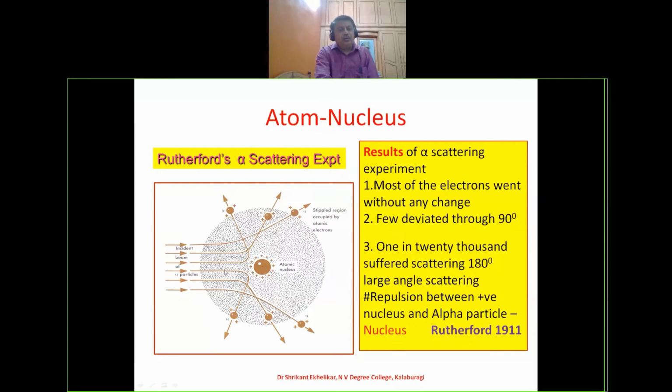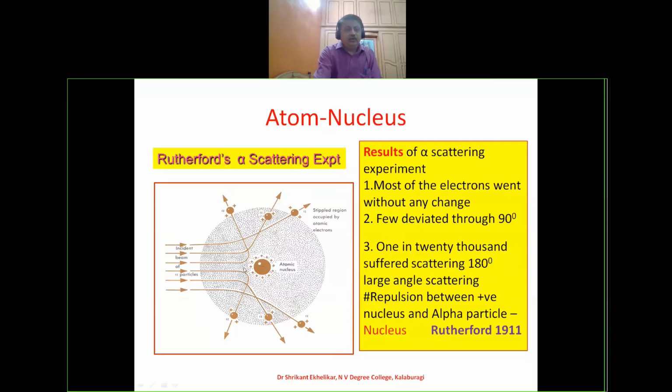But 1 in 20,000, this is very, very important, returned almost the same path. Returning along the same path means it is 180 degrees scattering. So that has led to the conclusion of something.